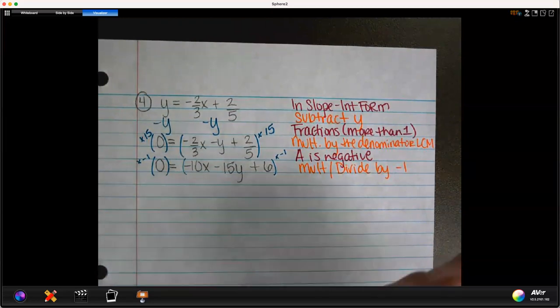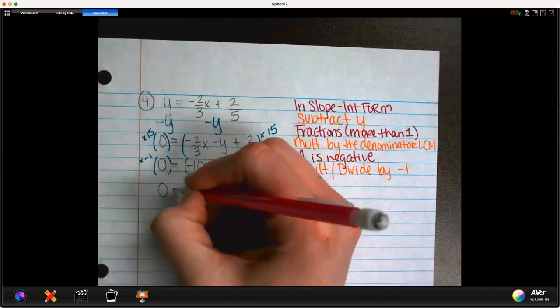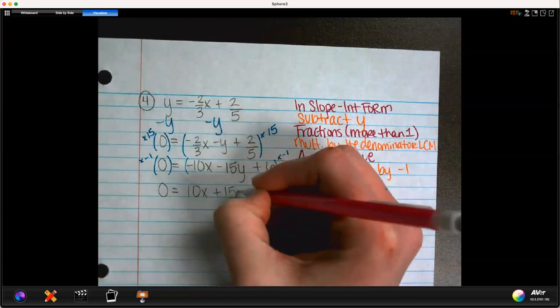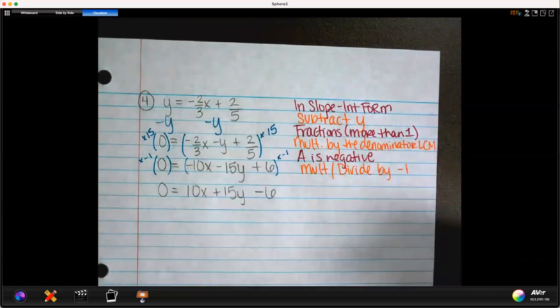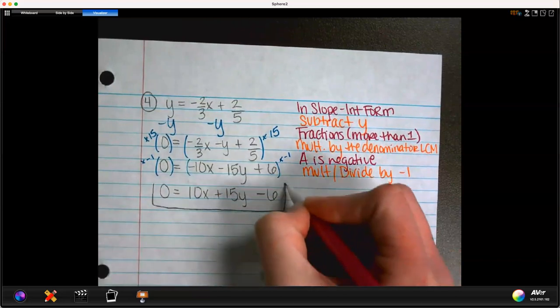What do we get as a result for multiplying by -1? That is correct. 0 equals 10x plus 15y minus 6.